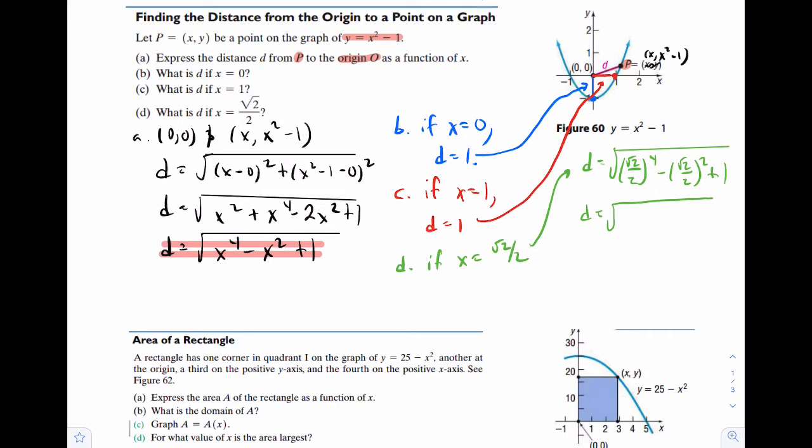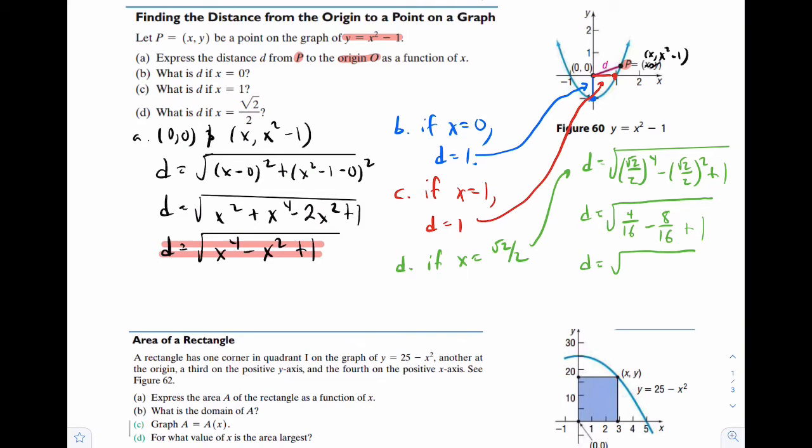So that's root 2 over 2 to the fourth power, that would be 4 over 16. And then minus 2 over 4 plus 1. So let's simplify that. And this would be 2 over 4. Let's make that 8 over 16.